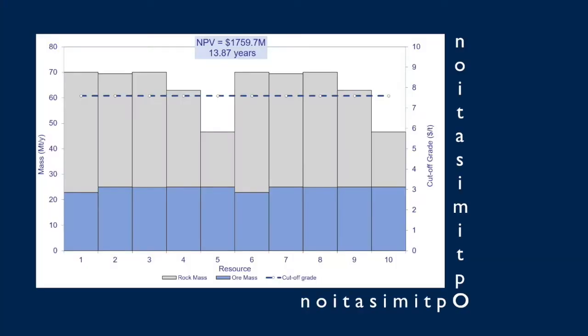Okay, let me show you this graphically. Here we have a chart of the 10 different increments of rock, and the cutoff grade in each increment is shown by the dotted blue line, and the blue is how much material would go to the mill at that cutoff grade, and the grey would be how much material is being mined as rock during that year.